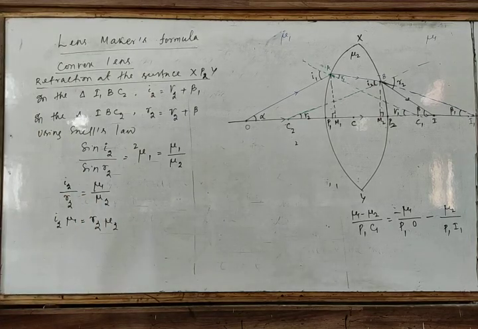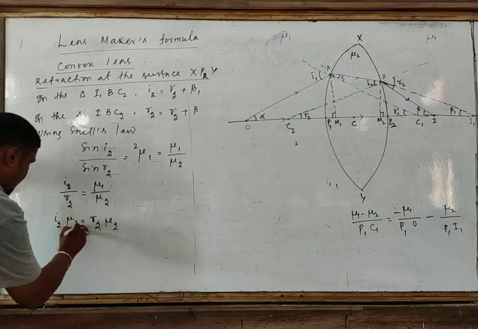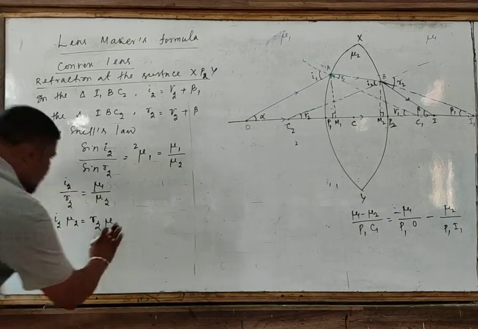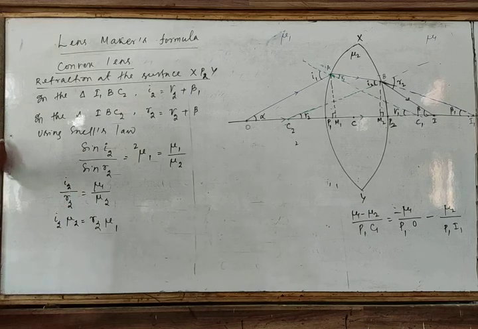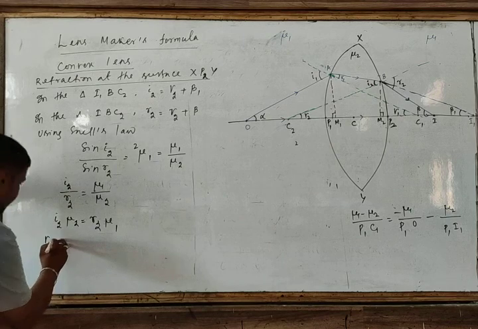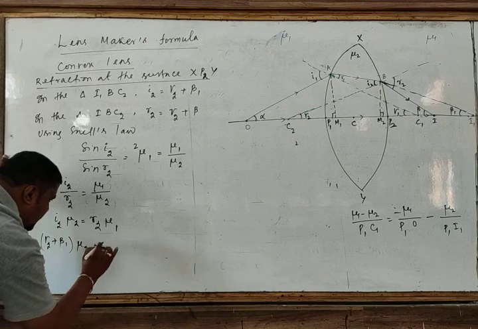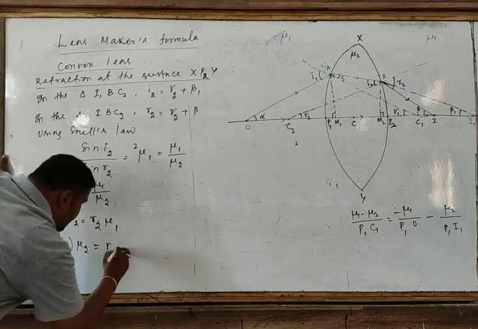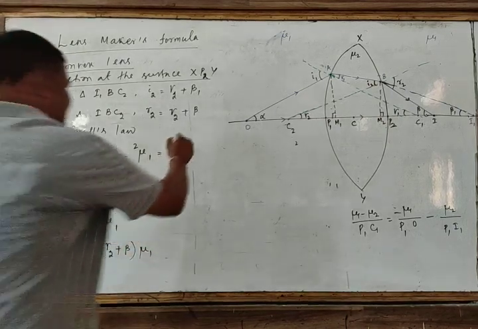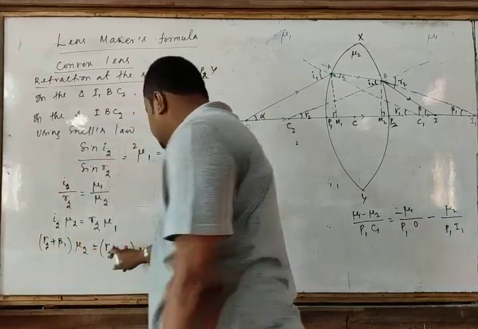Put that I2 and R2: gamma 2 plus beta 1 into mu 2 is equal to gamma 2 plus beta into mu 1. Now we take the gamma 2 common.